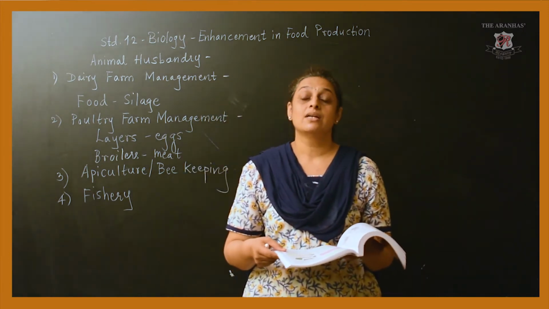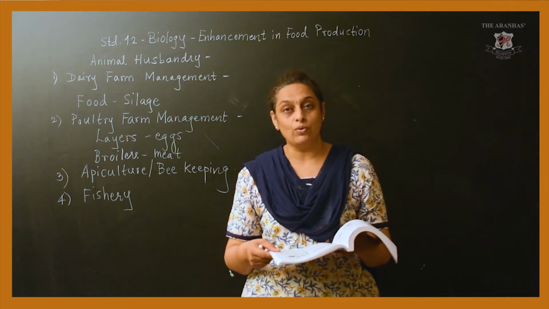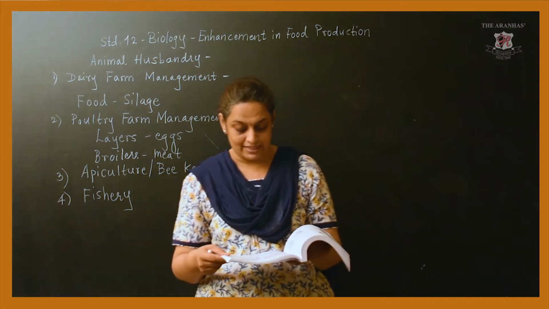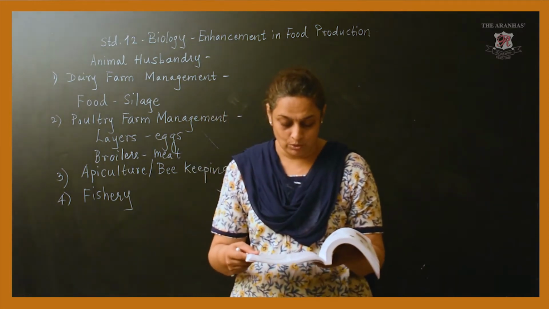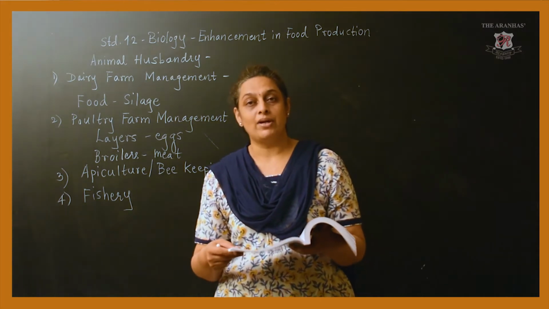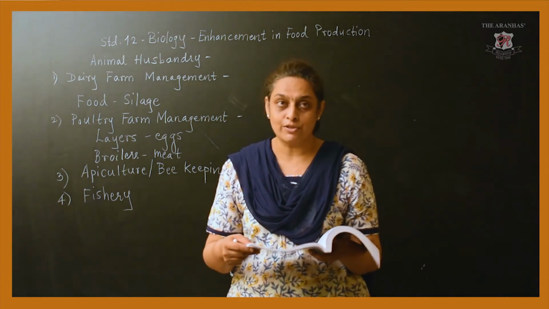Then fish waste material which is called fish guano, which is rich in nitrogen, is also a good fertilizer. Then fish glue and isinglass. These are some of the other products obtained in fishery that are commercially useful.